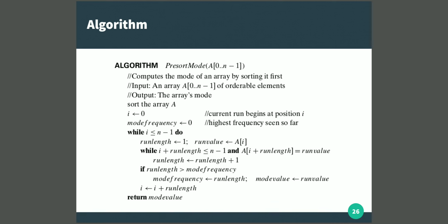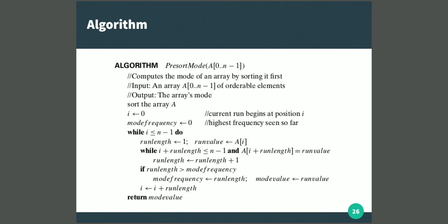Next, we have a nested while loop, as long as we have not reached the end of the array. For that we have the condition: if i plus run length is less than n, or less than or equal to n minus 1. As long as this condition is true, we have not reached the end of the array.